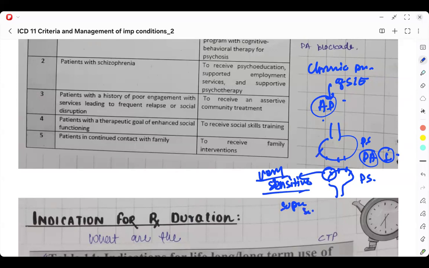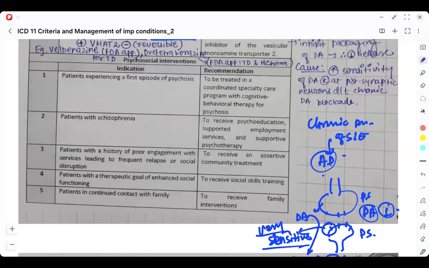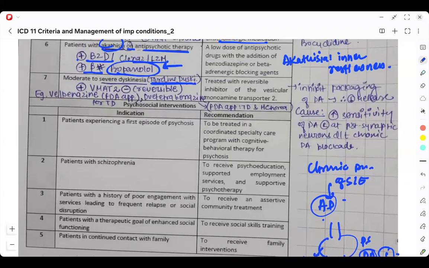Whatever dopamine is released from this presynaptic neuron, when it attaches to these D2 receptors, they get hyperactivated and fire haywire. And that is why you have the symptoms that you see in tardive dyskinesia.